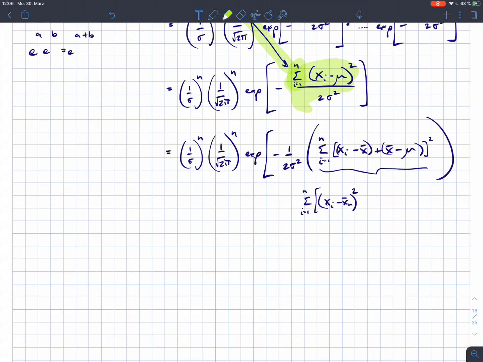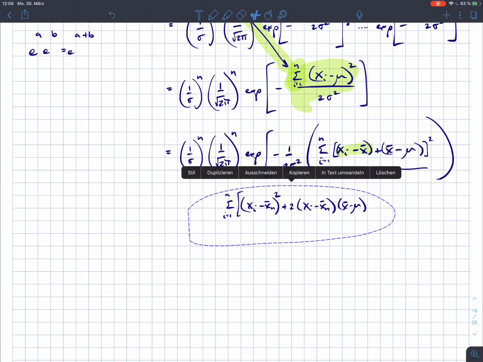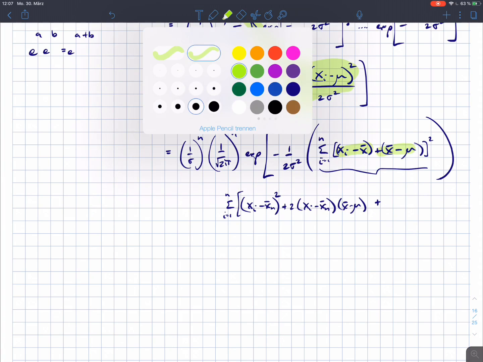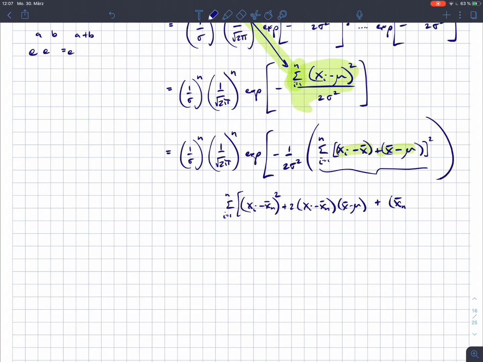Okay, so I'm going to get this thing squared plus the cross product. So 2 times (xi minus x bar) times (x bar minus mu). Plus now this thing squared. So I get (x bar minus mu) squared. I like to keep these subscript n on my mean. Okay, so this sum is equal to this thing.